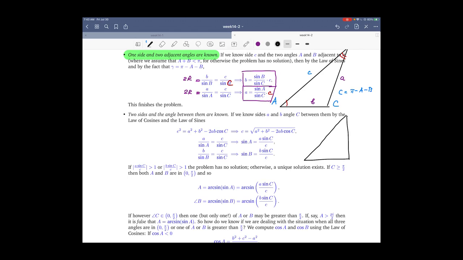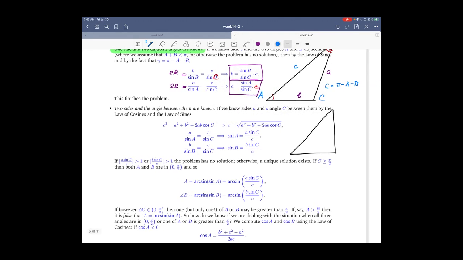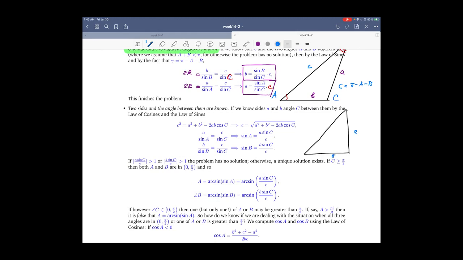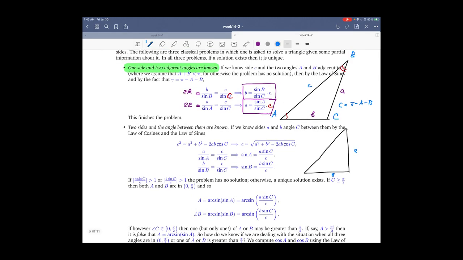We know, say, sides A and B, and the angle between them, which is of course C. We need to find the other two angles and the remaining side AB.